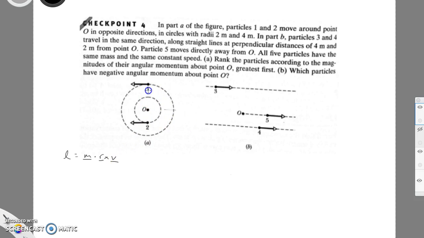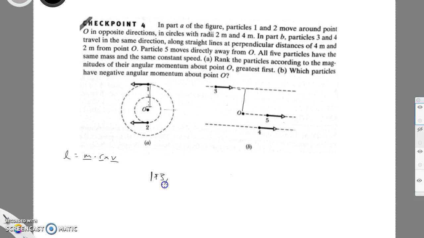So object 1 here is the distance 2r away from O, so that one would have the greatest angular momentum. Does anything else have the same angular momentum as object 1? Well, if we look over here, we see object 3 is going to have that same distance as object 1 as it passes by O, which means that 1 and 3 are actually tied.